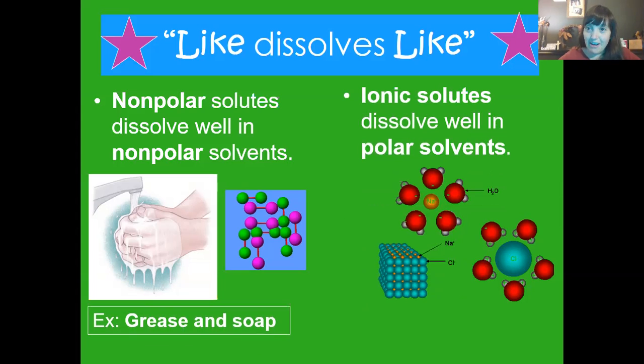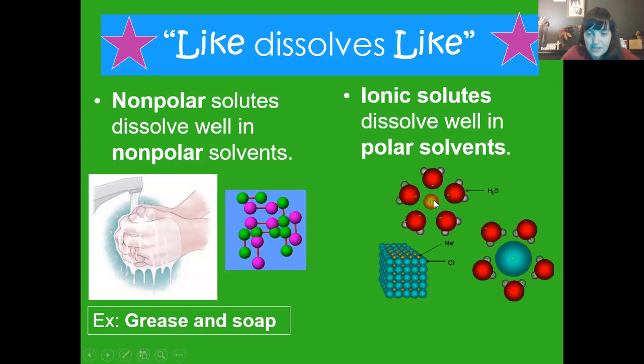Like dissolves like also means that ionic solutes dissolve really well in polar solvents. So ionic and polar, they have totally different bonds. Ionic solutes have ionic bonds. Polar solvents have covalent bonds, but because they both have charge, they're good at dissolving each other.